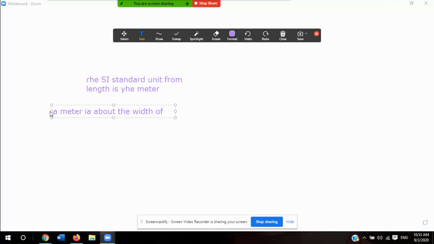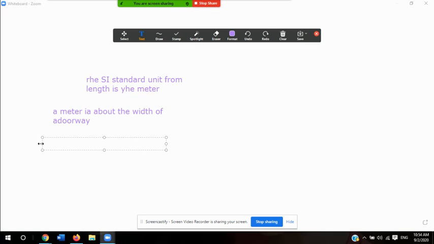But if we're going to measure long distances, we use kilometers. This is commonly used when we talk about, for example, marathons, 5Ks, 6Ks, 10Ks. The K really stands for kilometer.